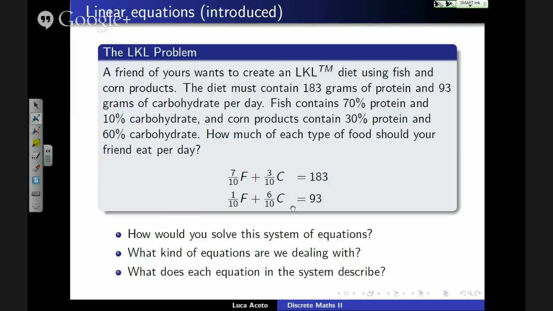That's the equation that tells you how much fish and corn products you should eat to get to your fantastic upper limit of 93 grams of carbohydrates. Then you eat a sneaker and you just kill off everything else. But that's another matter. So that's a system of two equations, which are linear equations.